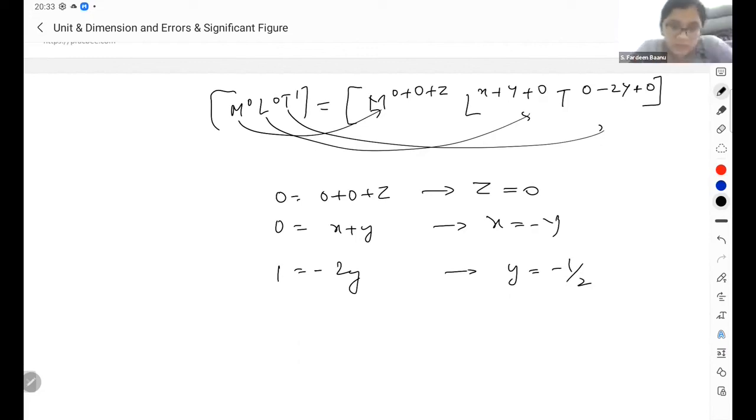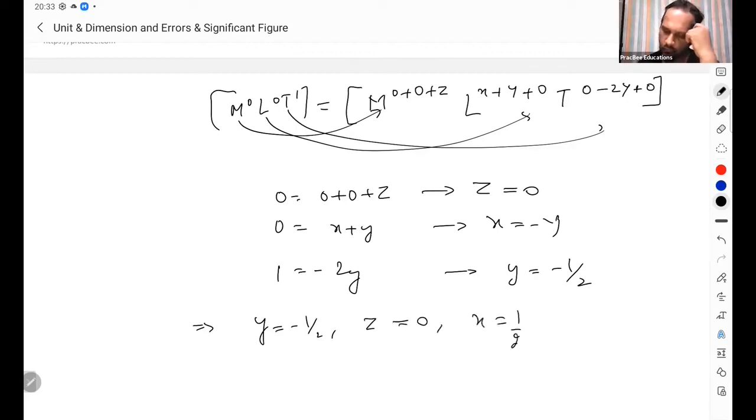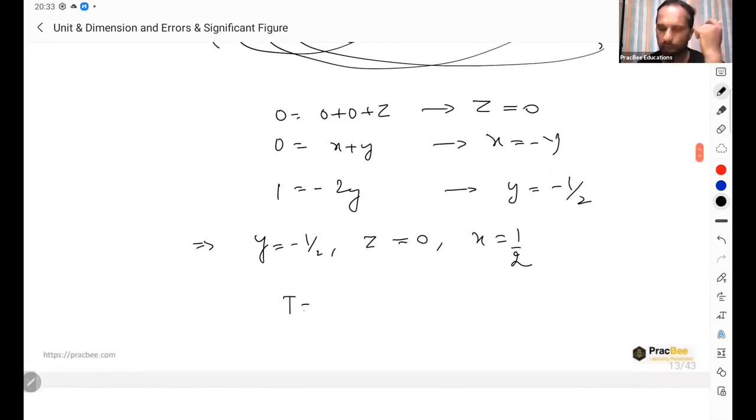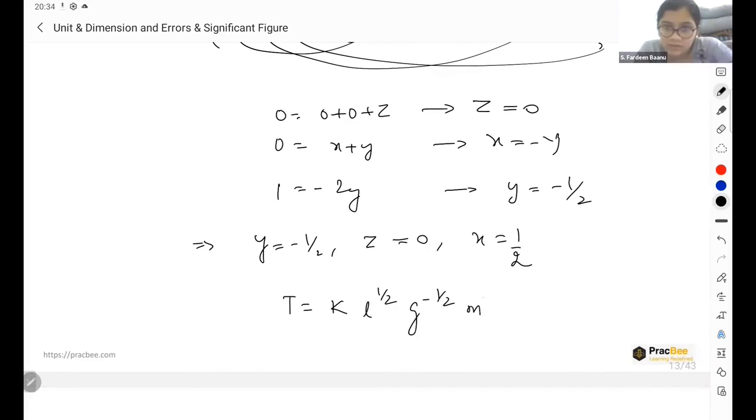So I get y is equal to minus 1 by 2, z is equal to 0, and x is equal to 1 by 2 because x is equal to minus y. So time is K into L to the power 1 by 2, g to the power minus 1 by 2, m to the power 0.